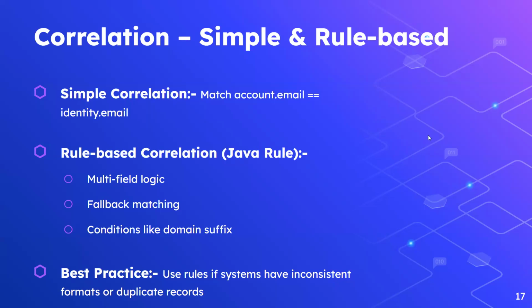Whenever the rule knows that a particular person is present in the CSV file more than once, you write the logic: whenever this name occurs again, skip that whole row. So only the first one will be considered, and any second or duplicate record will be neglected. That's how you can write a rule.